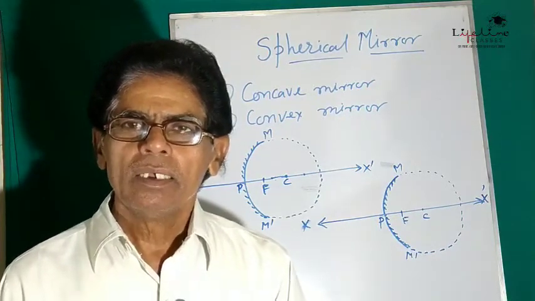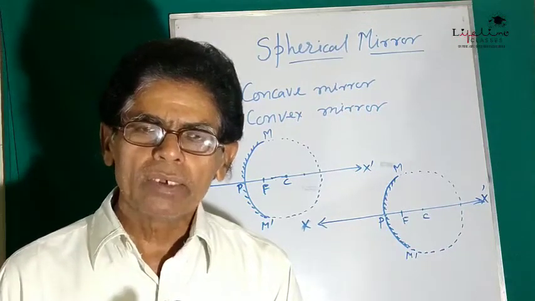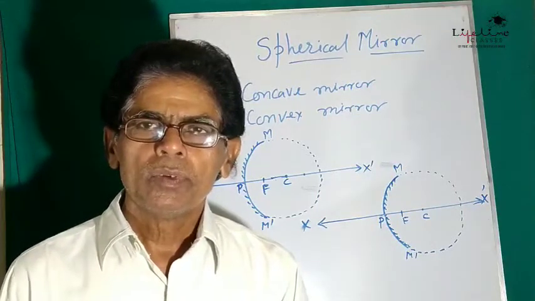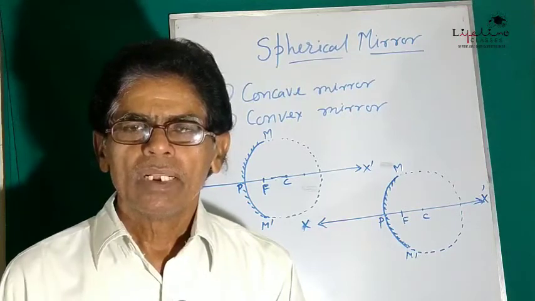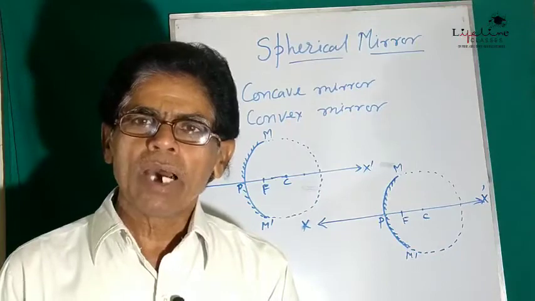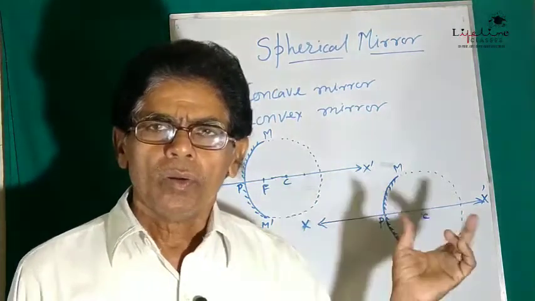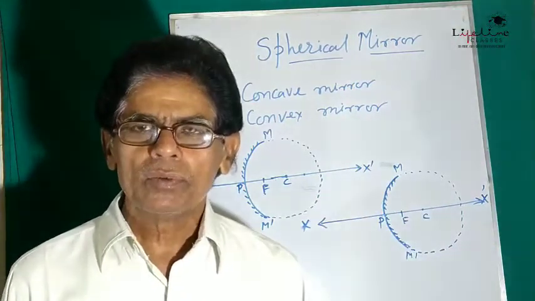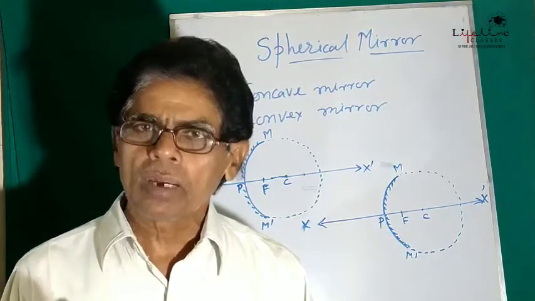One side is polished or silvered, coated with the oxides of lead. So the other surface becomes highly reflecting. So a spherical mirror may be of two types depending on the nature of the reflecting surfaces.